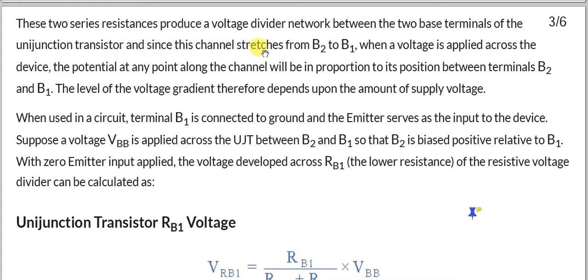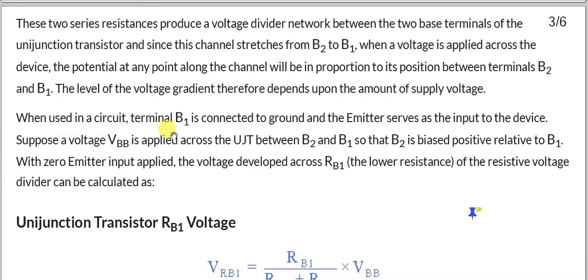Since the channel stretches from B2 to B1, when a voltage is applied across the device, the potential at any point along the channel will be proportional to its position between the terminals B2 and B1. The level of voltage gradient therefore depends upon the amount of the supply voltage.